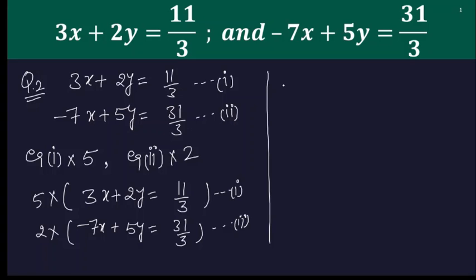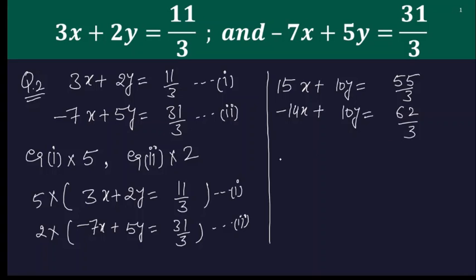After multiplying the first equation by 5, we'll get 15x plus 10y equals 55 upon 3. And here I will get minus 14x plus 10y equal to 62 upon 3.